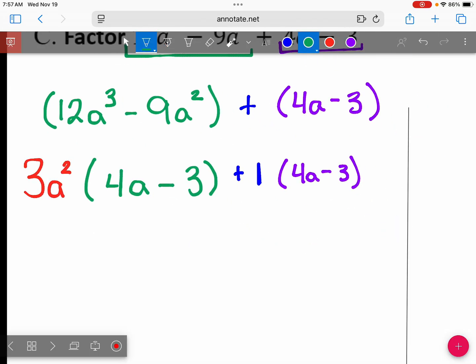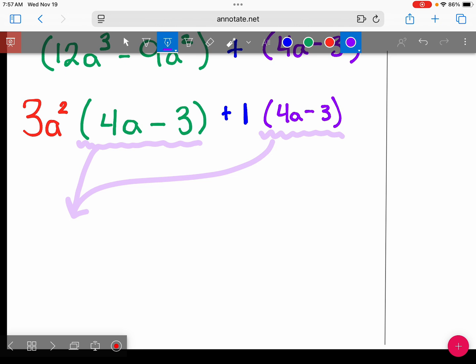Which means when we're trying to write this in our factored form, we can take the fact that this guy and this guy match to pull it out as its GCF. So we can write this as our 4a minus 3. And then our leftover bits make their own factor.